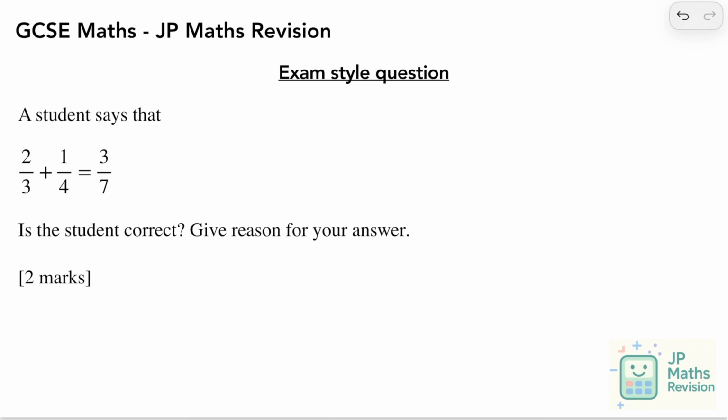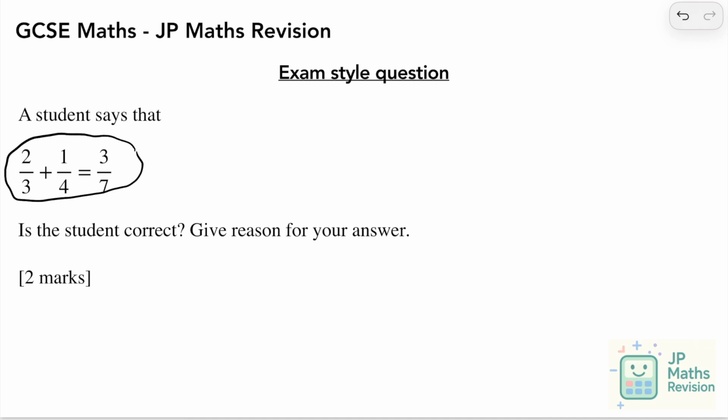Here's an exam style question. It says, a student says that 2/3 plus 1/4 is 3/7. Is this student correct? We need to give a reason for our answer. Looking at this, it would appear that they've done 2 plus 1 to make 3 and 3 plus 4 to make 7. But we know that we don't do that when we're adding fractions. In order to add fractions, we need a common denominator.